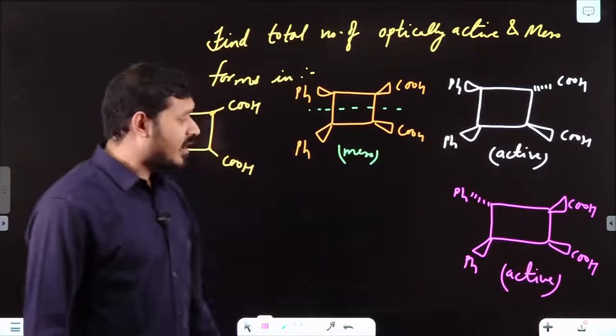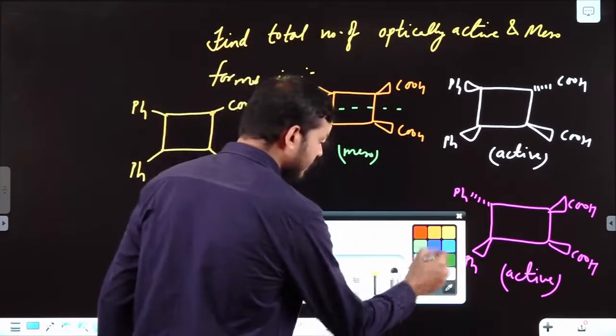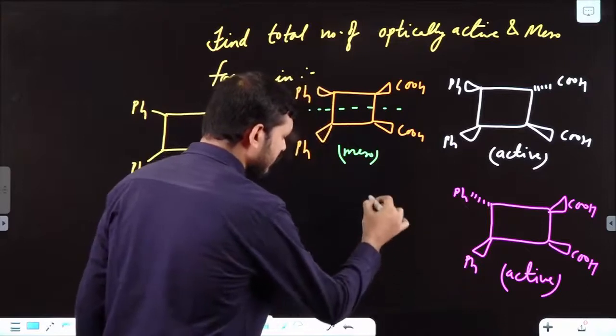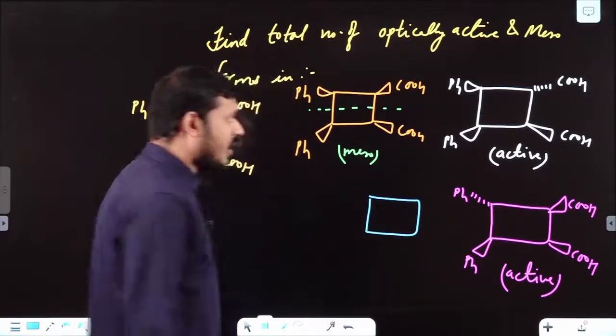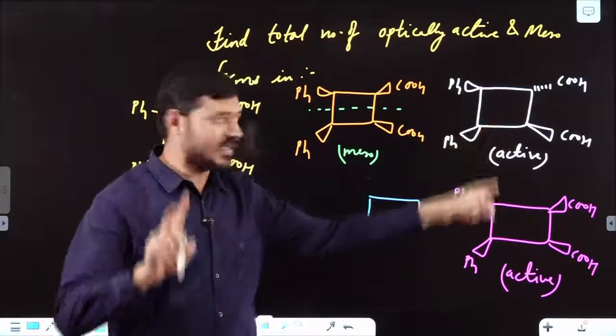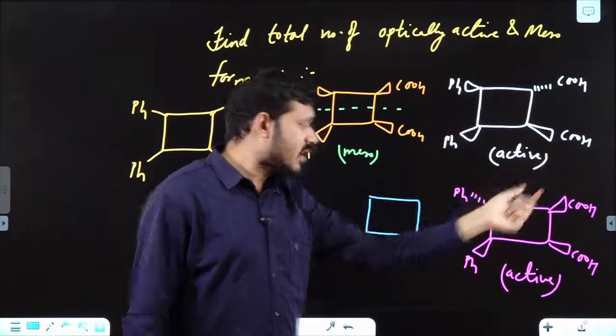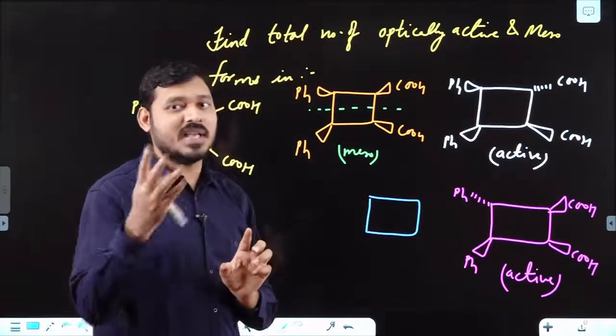Okay, now dear students, let me draw one case where, what I am doing now, 4 on same sides, 3 on the same side, two cases. Now see, this COOH or this COOH, it is the same, right? Now two groups on the same side.